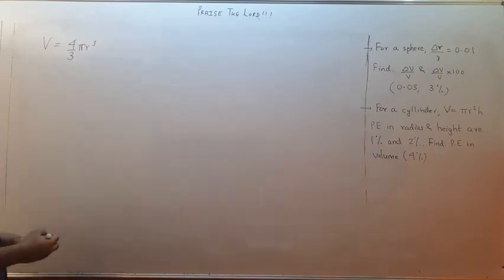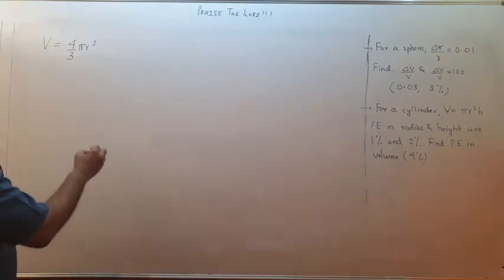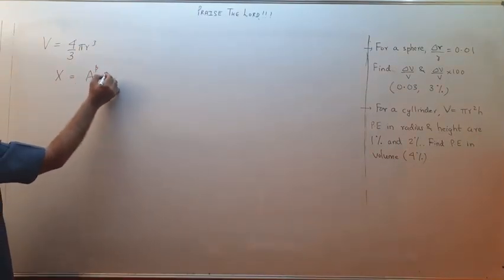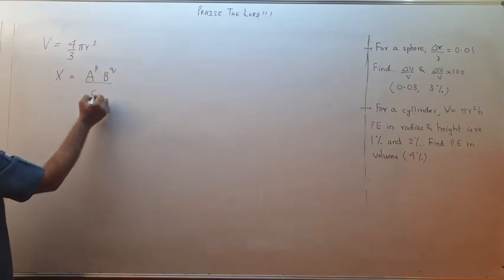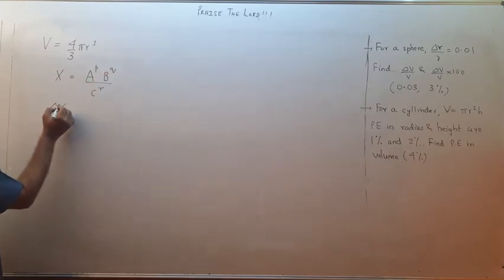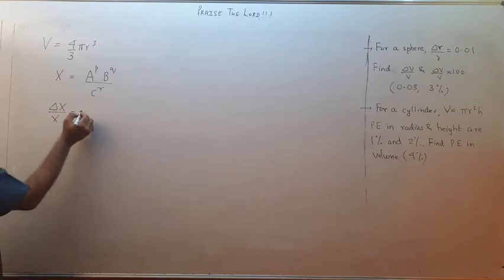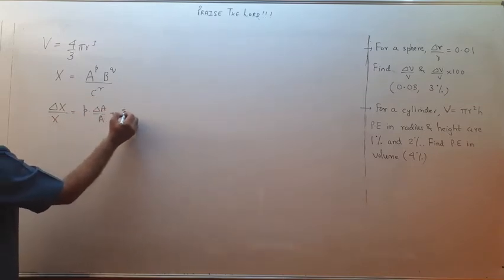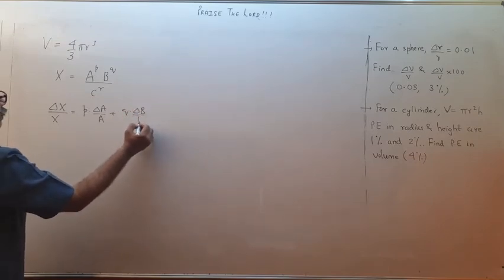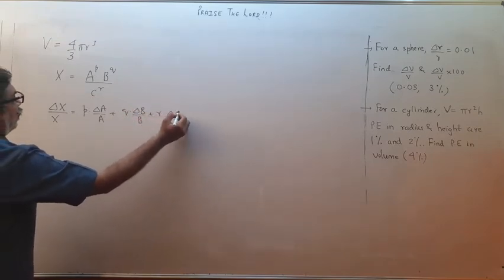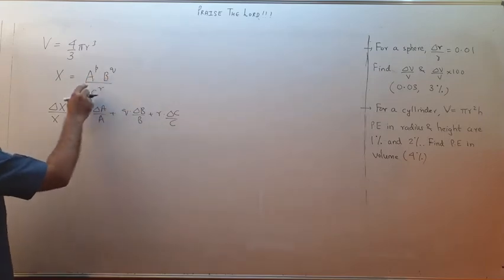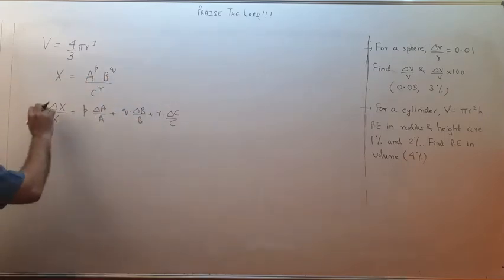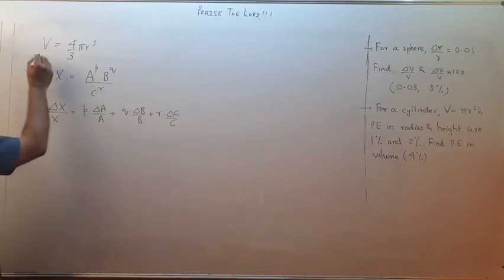Now as we have seen, supposing x is the quantity a raised to p and b raised to q upon c raised to r, then delta x upon x we write as p times delta a upon a plus q times delta b upon b plus r times delta c upon c. Means the power becomes the coefficient and then the relative error. This we already know.